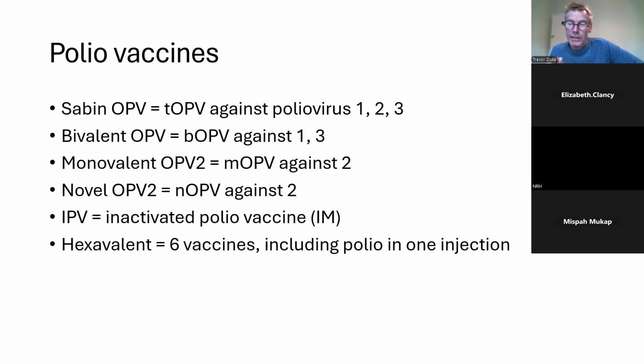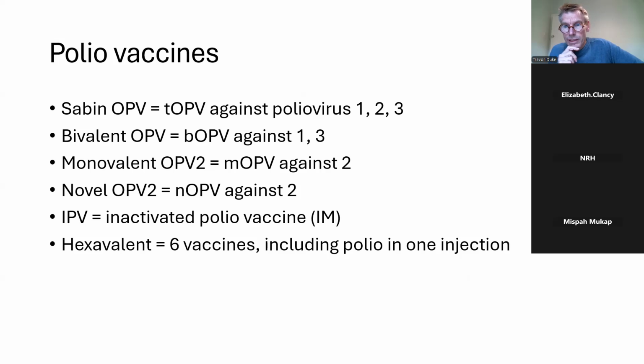That was the mainstay of global efforts to eradicate polio. I'll talk about this, but since 2016, we've had not trivalent OPV, but bivalent OPV. And that bivalent OPV is OPV against poliovirus 1 and 3.